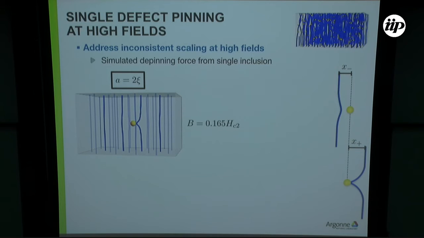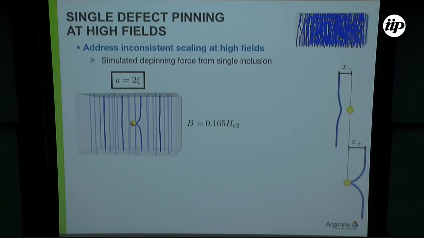We can also extract this length, which Gianni was introducing this morning, which is the length at which the subsequent vortex becomes unstable and jumps into the defect, and the length x plus at which the vortex is critical and then jumps out of the defect.